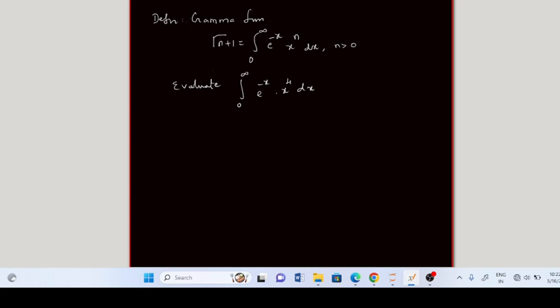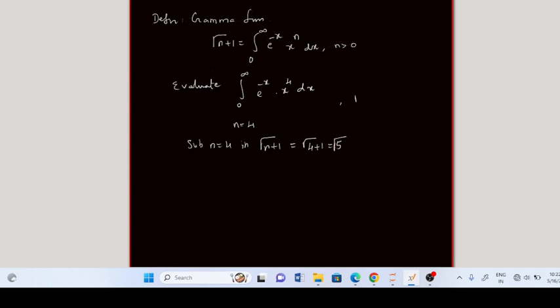So here n equal to 4. Substituting n equal to 4 in gamma n plus 1, we get gamma 4 plus 1 equal to gamma 5.